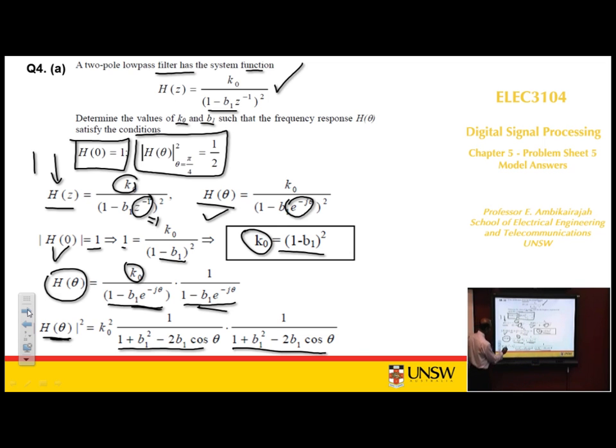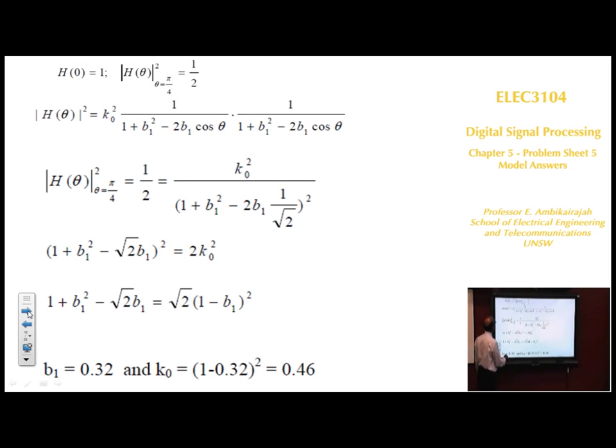Now we need to say this is equal to half. See? At theta equal to pi over 4. So you put theta equal to pi over 4 here and make this half. And by cross multiplying, you'll find b1. So you go on to the next page. So we found that we put theta equal to pi over 4, it becomes half. That's what is given here.